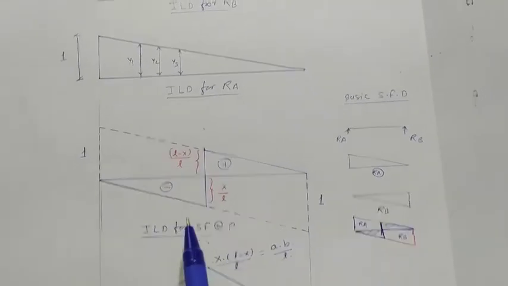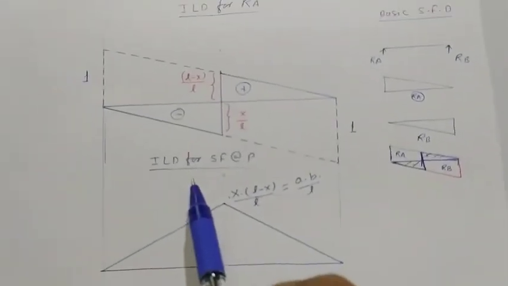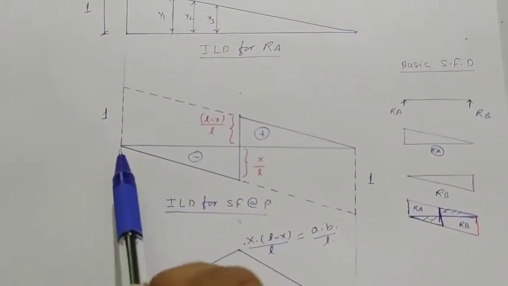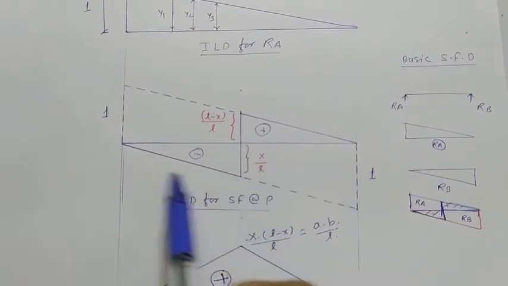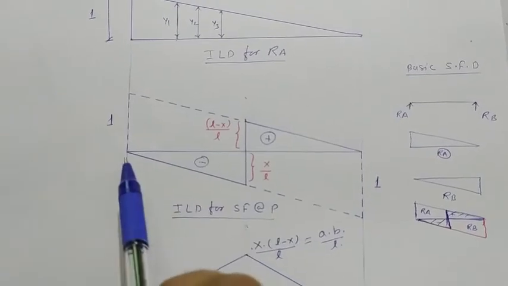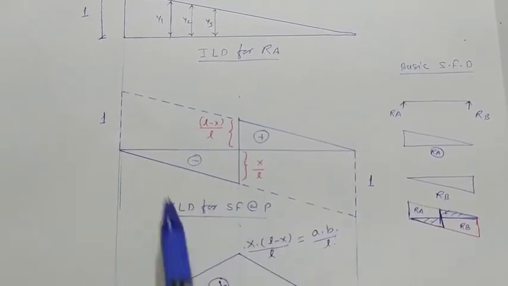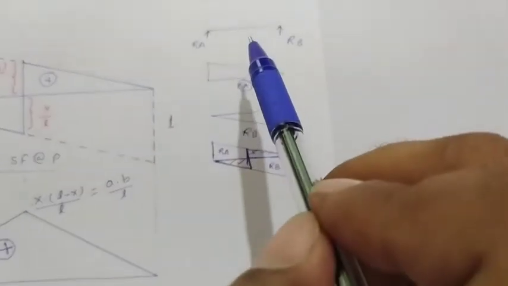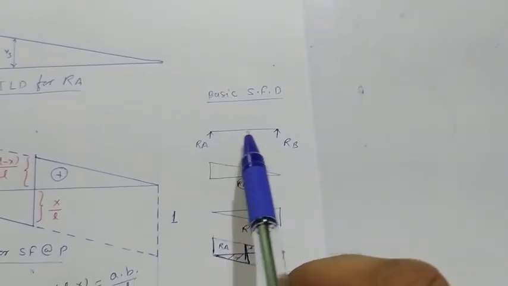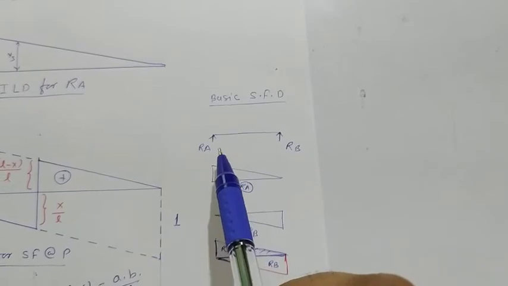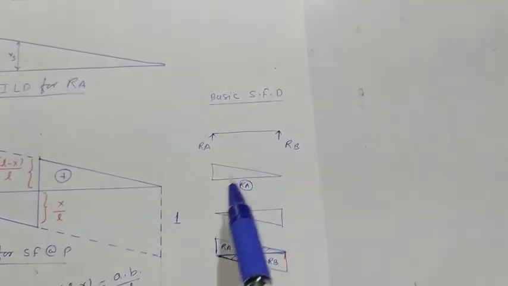Okay. Now, next is ILD for shear force. So, this is the diagram of shear force ILD. Okay. So, what is the basic of the shear force diagram? So, look here, this is the basic of the shear force diagram. This one is the simply supported beam, this one is the reactions.